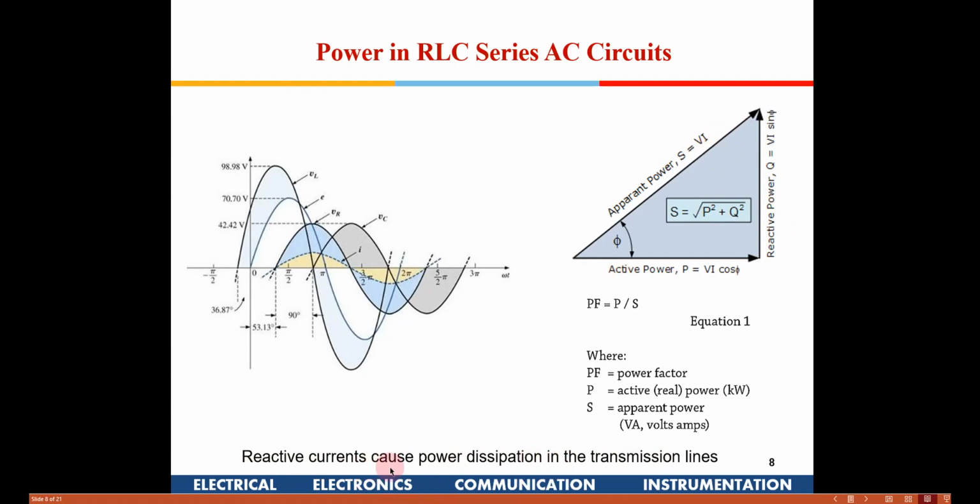The transmission lines are not ideal, so there will be some amount of resistance. So it will amount to greater I square R losses. So it is in the interest of everybody to keep this phase lag as low as possible.